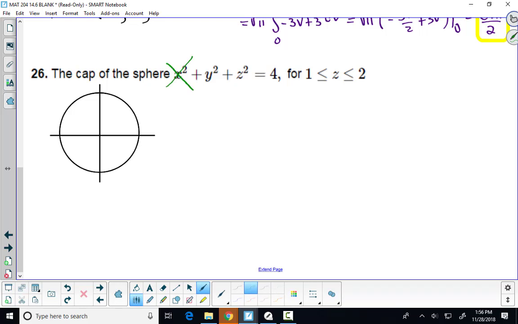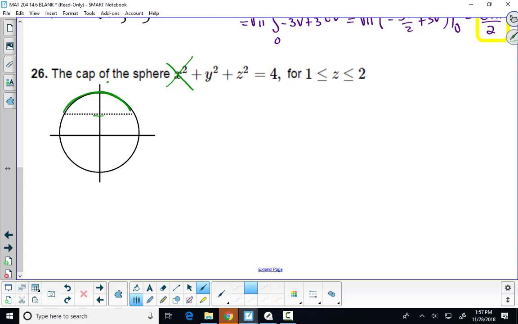So that's going to be a circle of radius 2. And we're chopping it off at z equals 1 right there. So the thing we're trying to find the area of is that cap right there, but it's rotated around, so it's a little dome cap.